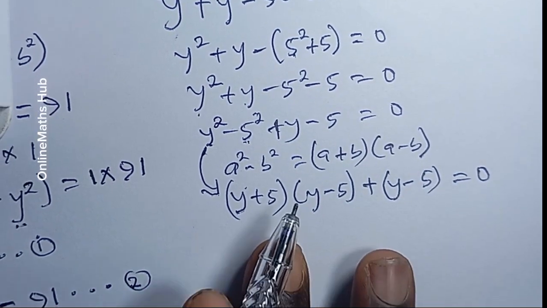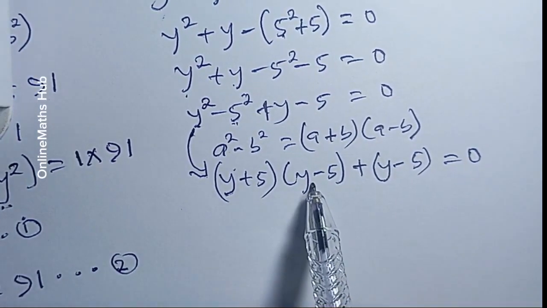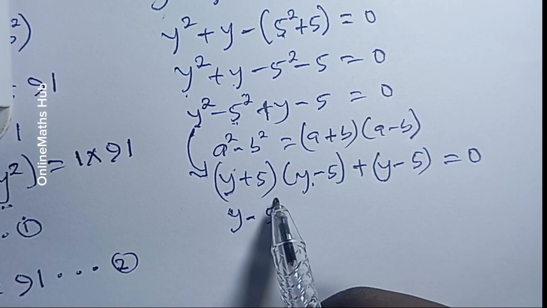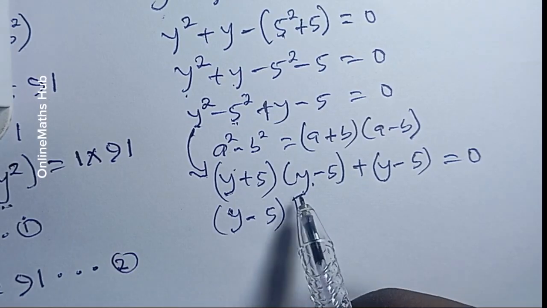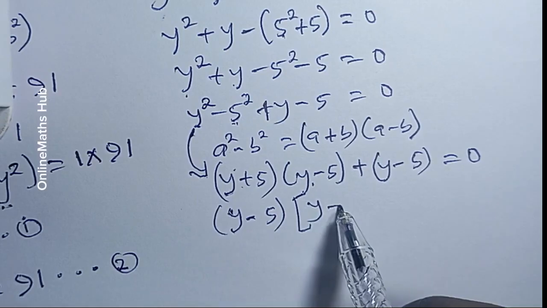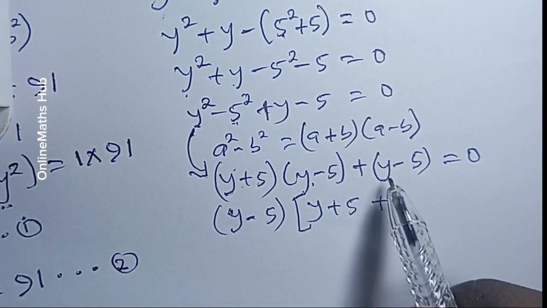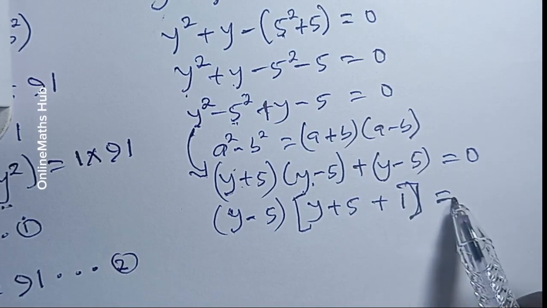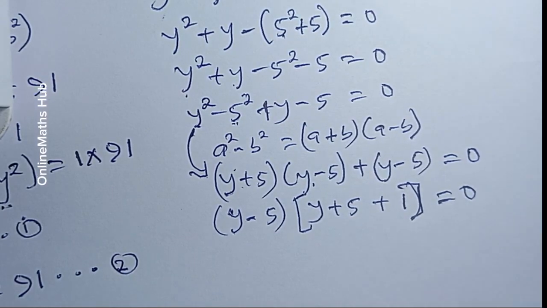So obviously you can see we've got some common terms right here. y minus 5 is common. I can factorize that out, y minus 5, so that if I factorize it out, what I have left on this side is y plus 5, and then I have 1 over here, equal to 0.